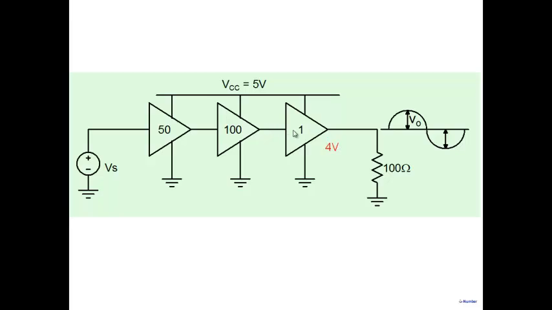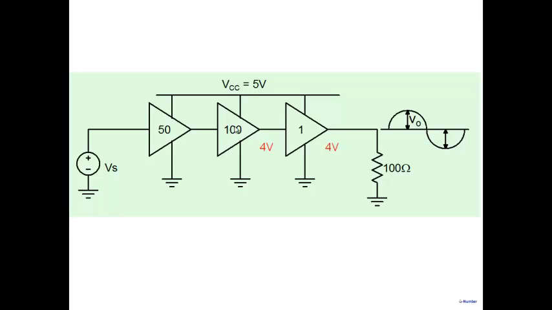Now this amplifier stage has a gain of 1. Which means that if I want a sinusoidal voltage with, let's say, a 4 volt peak to peak amplitude here, then the voltage here would obviously be 4 volt as well. Okay, which is fine, which says that swing is important for this amplifier also.